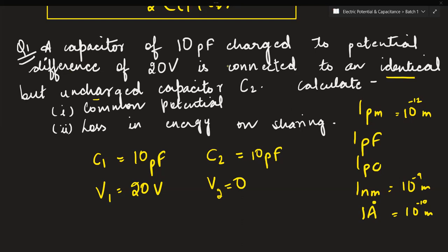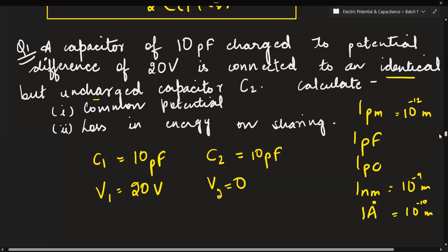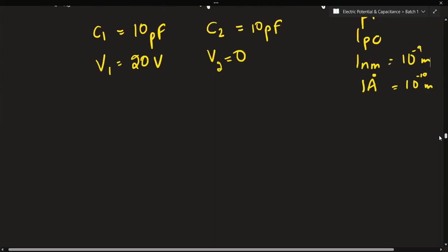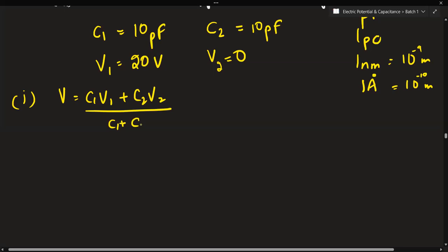Sid has also answered it correctly. Abia, no. Let's see. Let's discuss it now. See, this was the formula for common potential. First one is common potential. This is equal to C1 V1 plus C2 V2 divided by C1 plus C2.